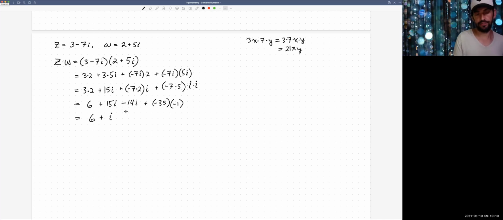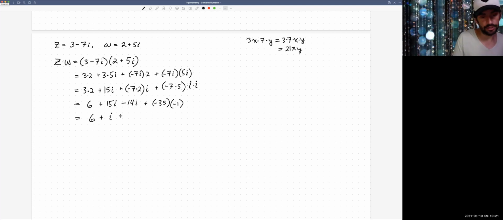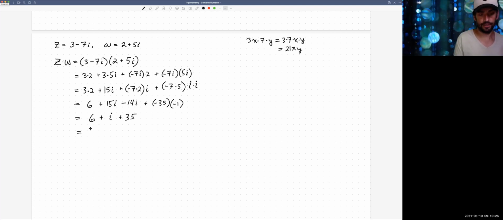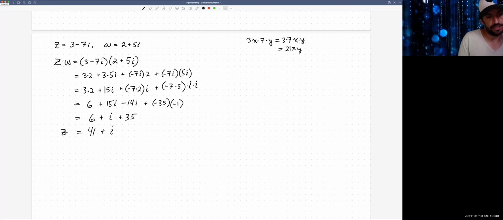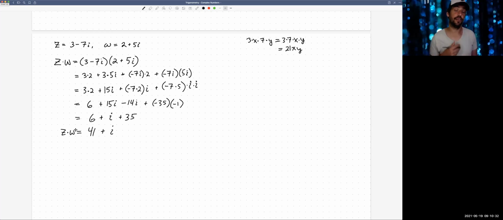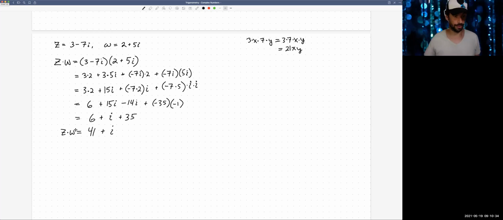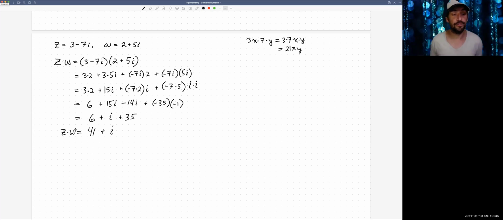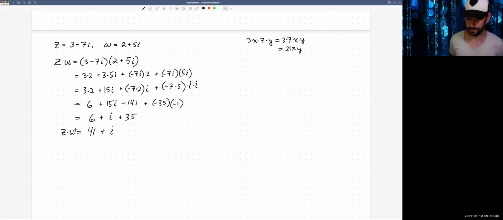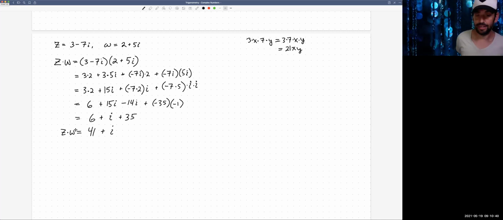Negative 35 times negative 1 is plus 35. And now I can rewrite this as 41 plus i. So z times w is another new complex number with the real part 41 and the imaginary part 1. Okay? So that's our multiplication.